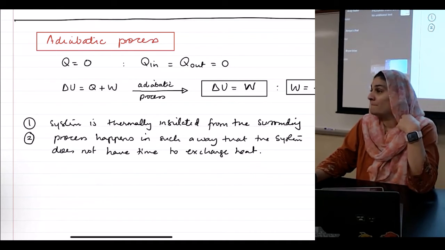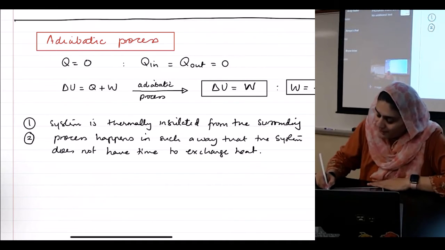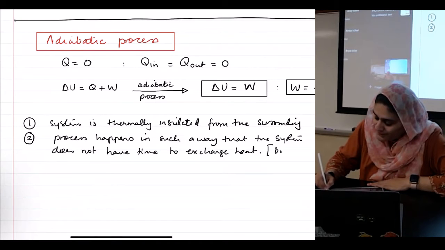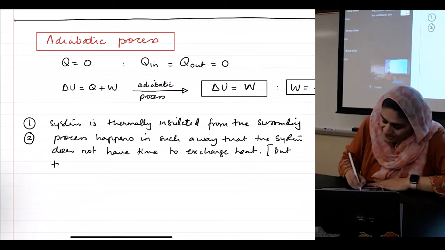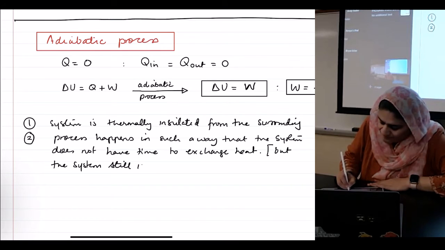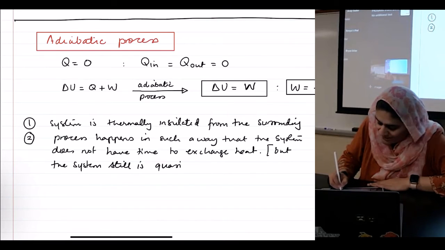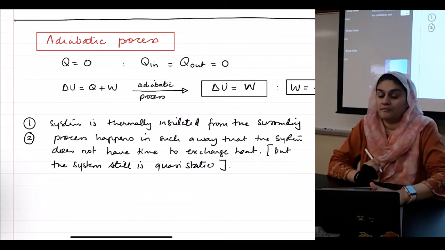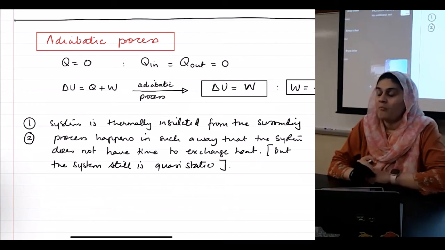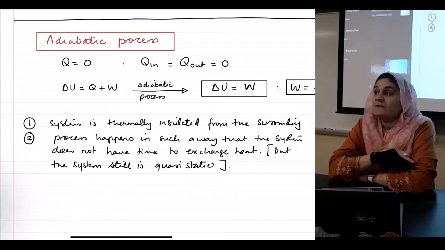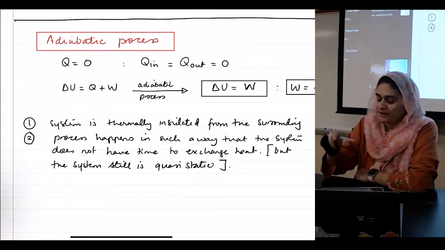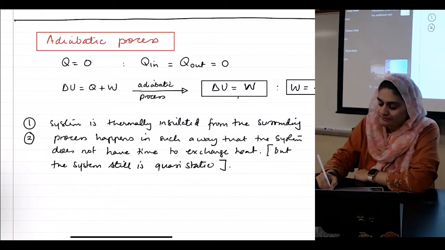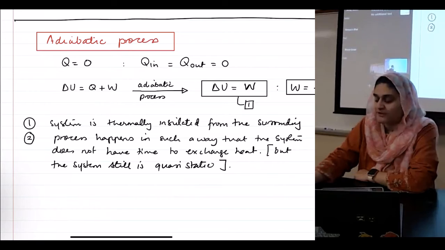Good? Okay, and I also want to add a caveat here, but the system still is quasi-static. Which means, okay, so if I look at this equation, let's call this equation 1, because it's the first law of thermodynamics.